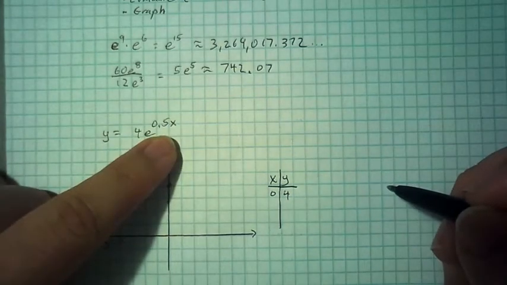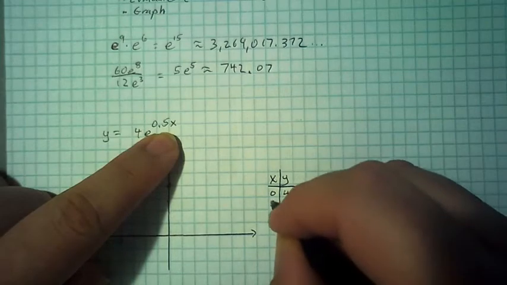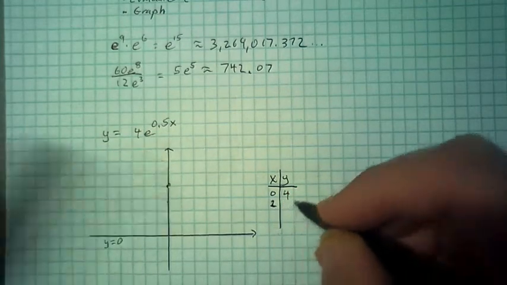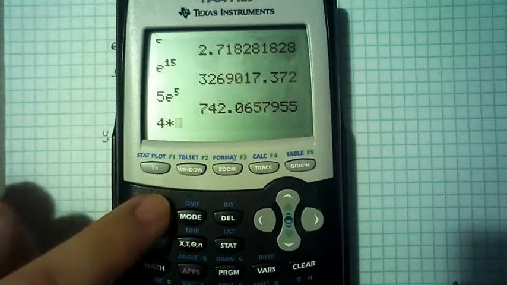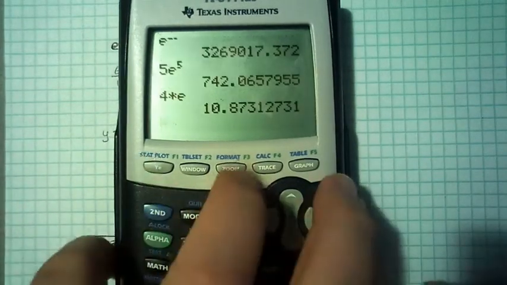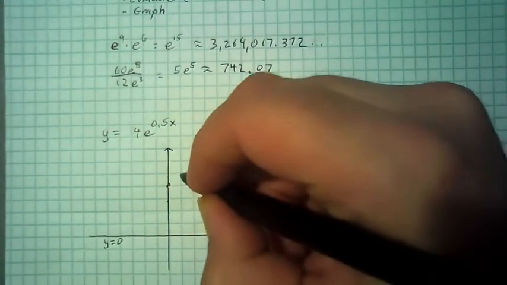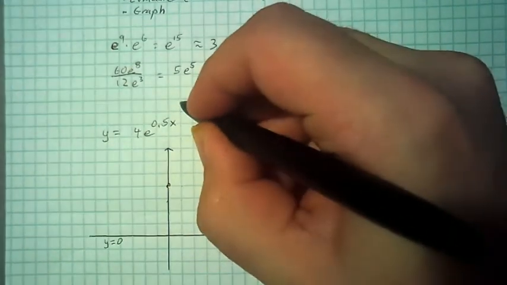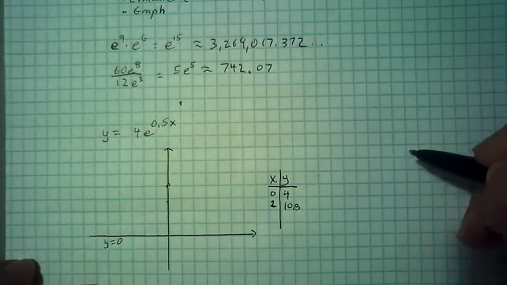Now I'd really like this to be 1, and 1/2 times 2 is what makes 1. So that gives me actually 4 times e, which I could probably approximate by hand, but why bother? I have a calculator. 10.8. That is way up there. But that gives me my 2 points.